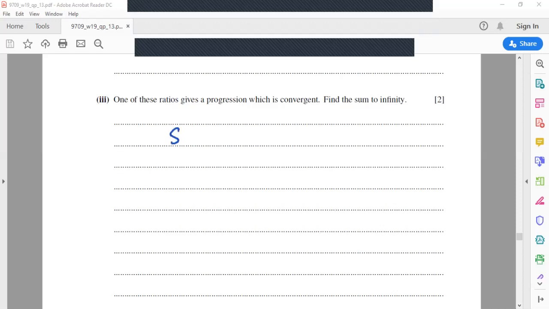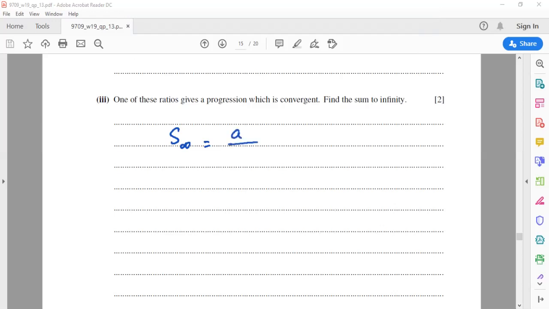For finding S infinity, we know that it is a over 1 minus r. Our a is 3k, so 3 times k, which here is 6 over 7, and r is minus 2 over 3, so 1 minus minus 2 over 3. We use the calculator to simplify it: 54 over 35.